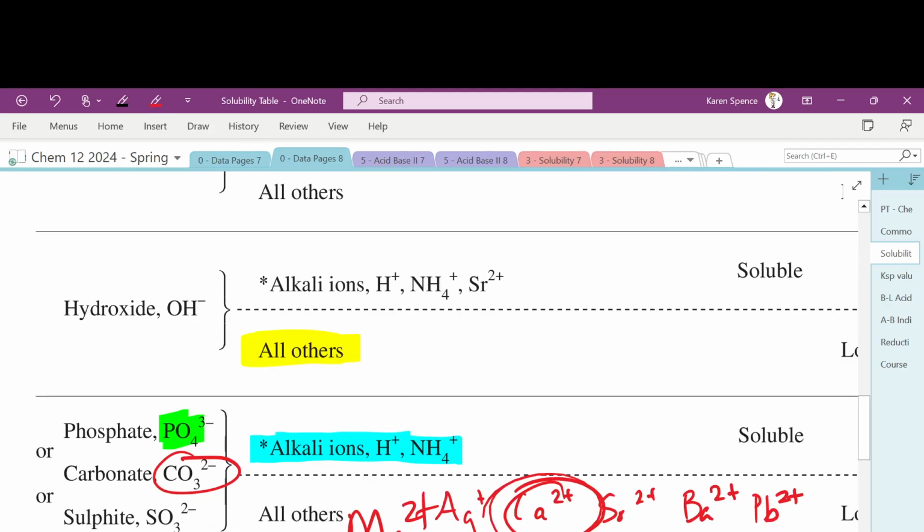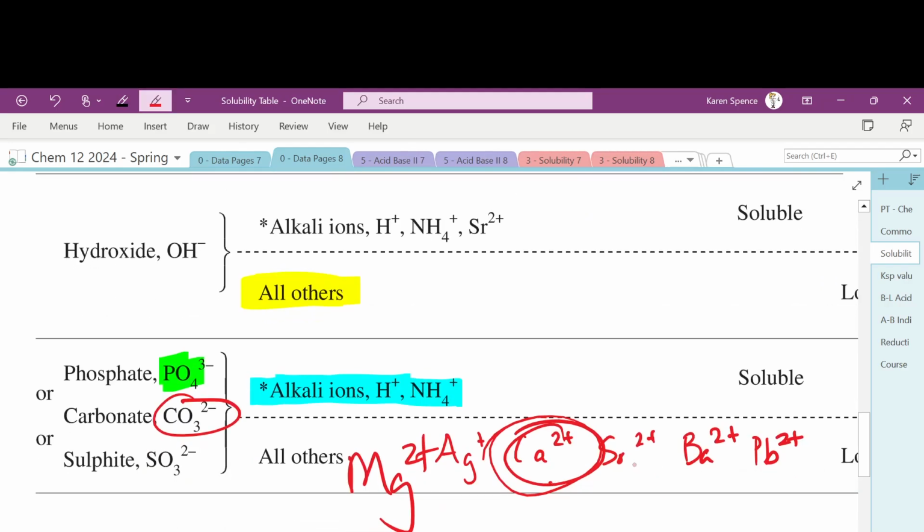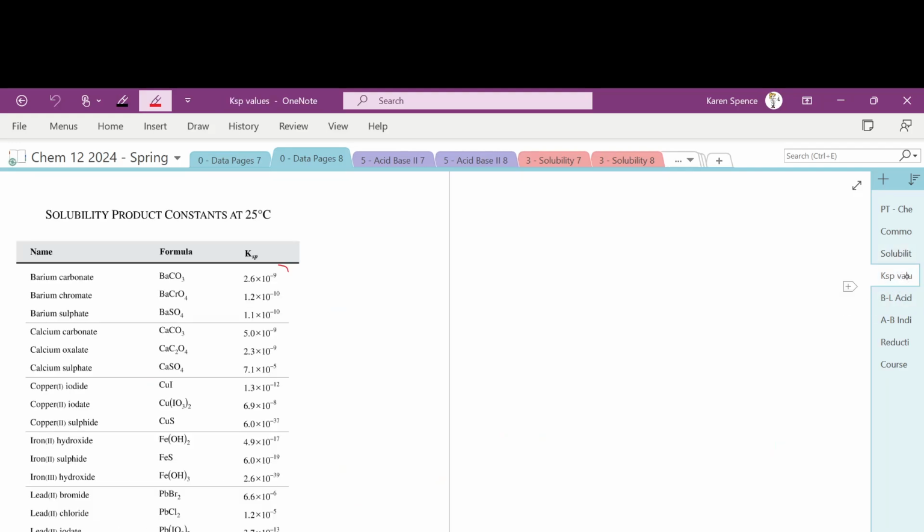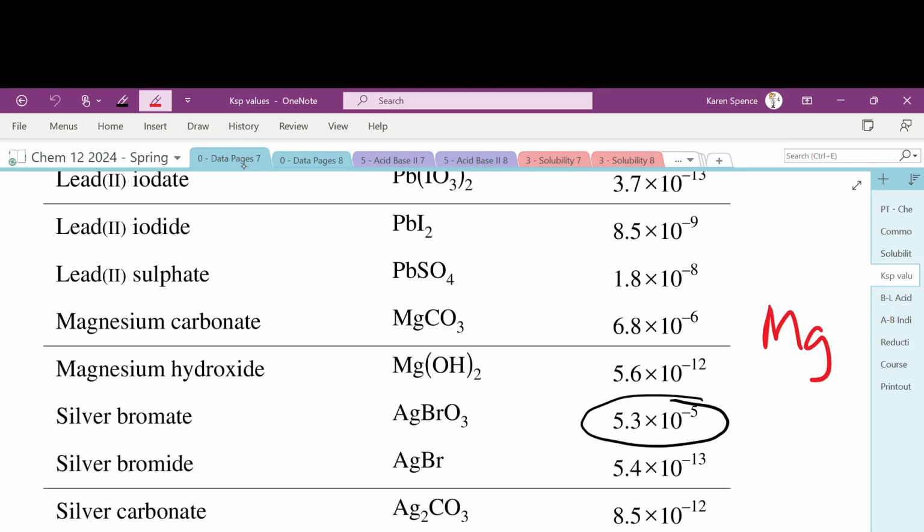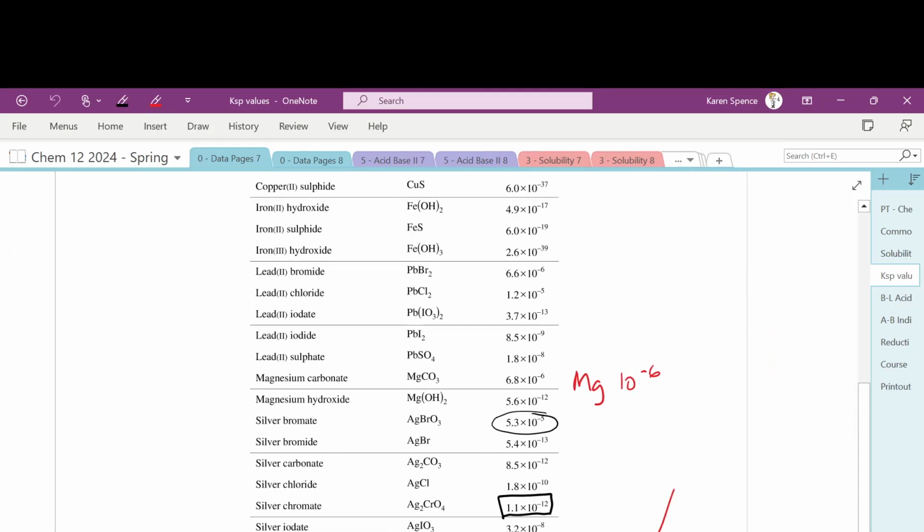So if we look at carbonate, calcium, strontium, magnesium, they're all down here, so that's not helpful to us. So we're going to have to look at our KSP values. I'm going to bop over here because I already marked them in block 7. Magnesium carbonate has a power of 10 to the negative 6.